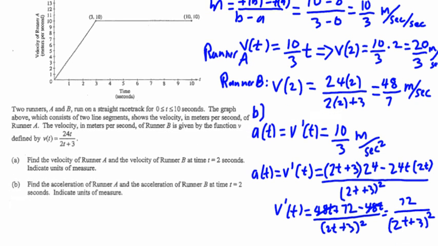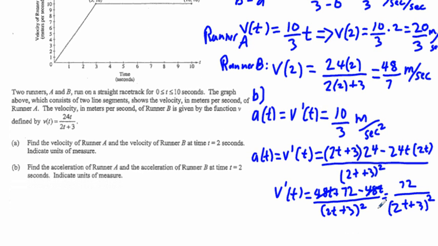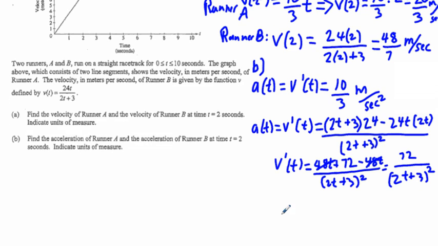And I'm going to come over to the left. I'm going to work below here. We have v prime of 2, since we're interested in the acceleration at 2 seconds, to be 72 over, let's see, 2, that's going to be 7, right, squared, which is going to be equal to 72/49.